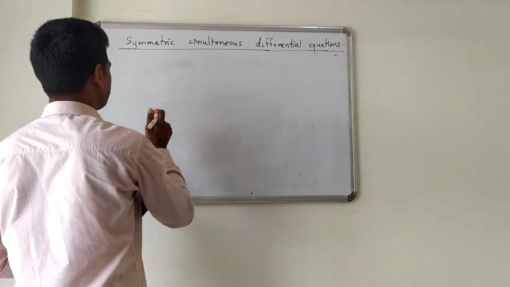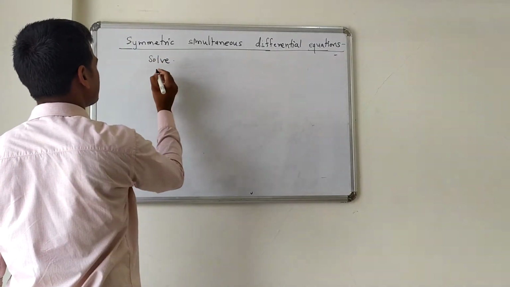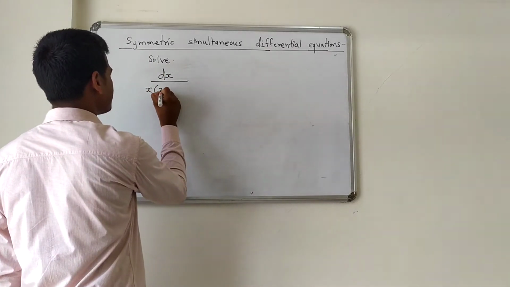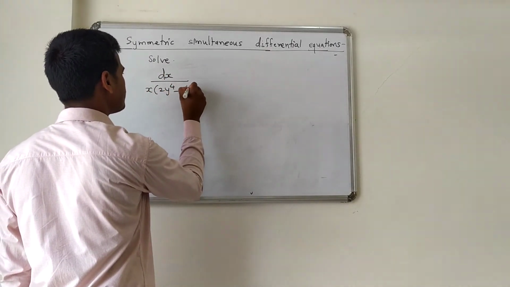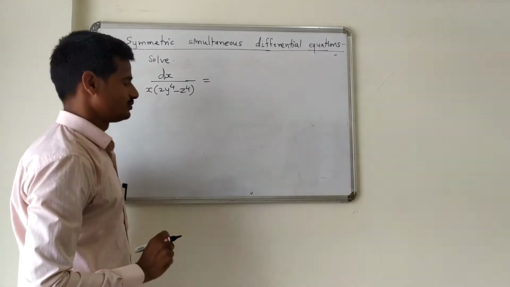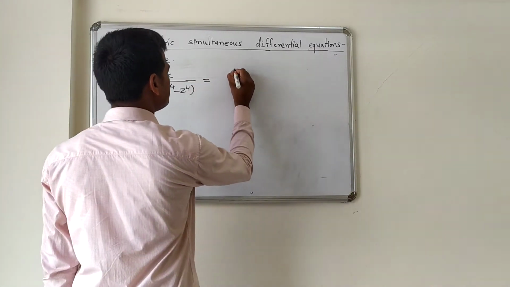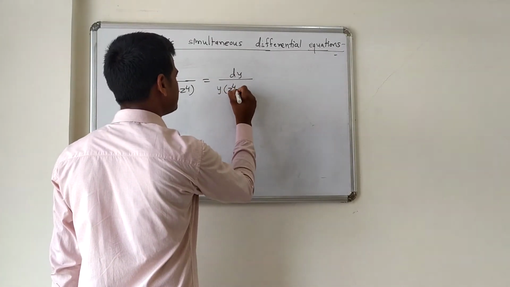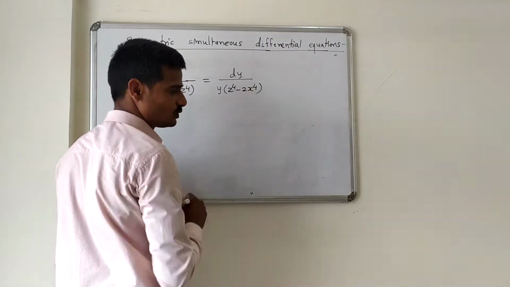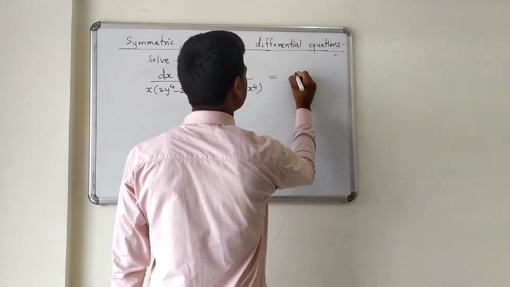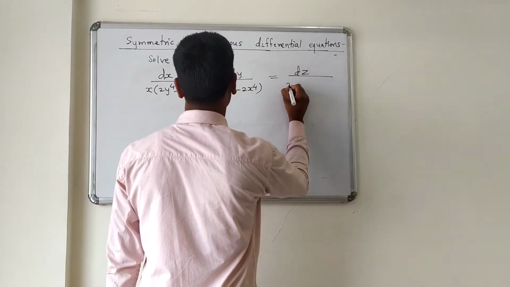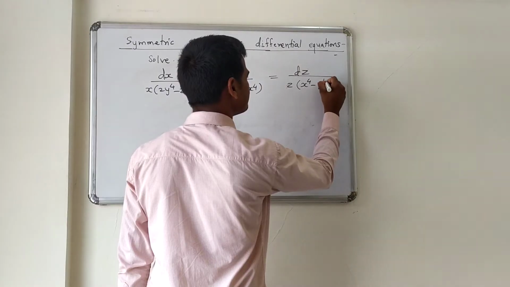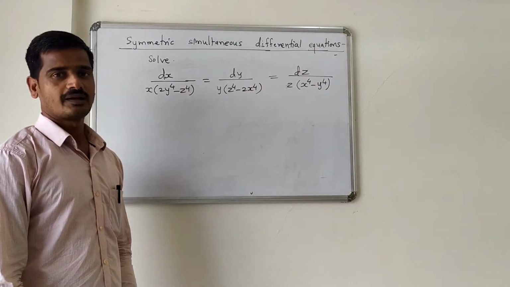Now solve this example. dx upon x(2y^4 minus z^4) is equal to dy upon y(z^4 minus 2x^4) and is equal to dz upon z(x^4 minus y^4).